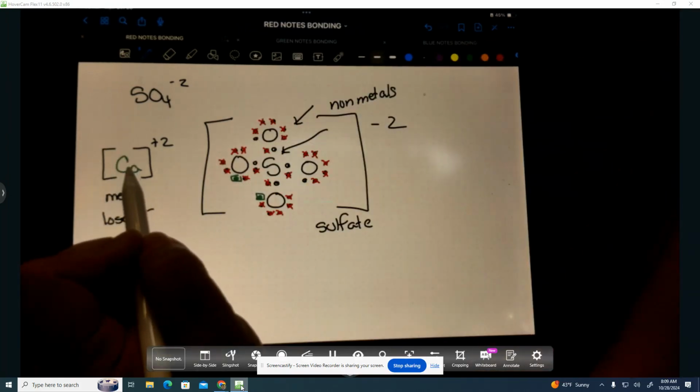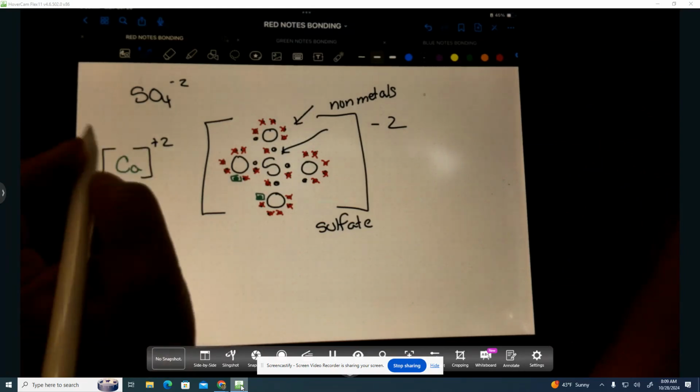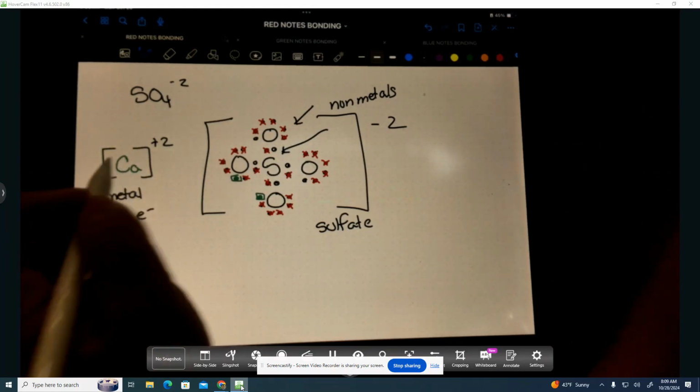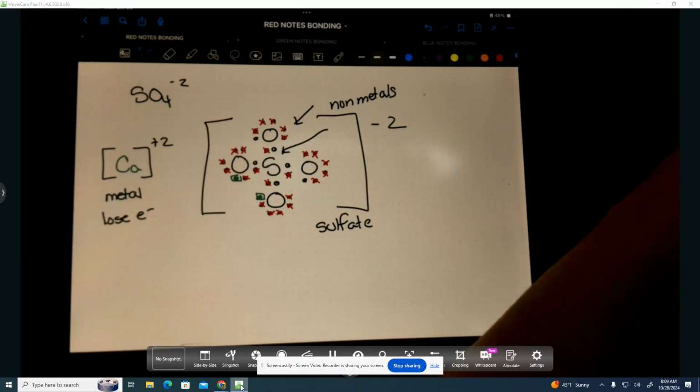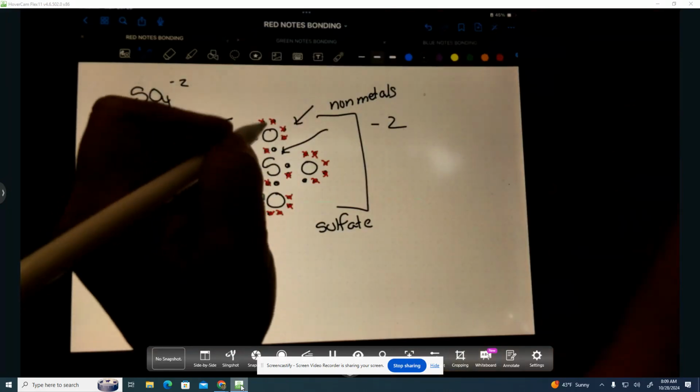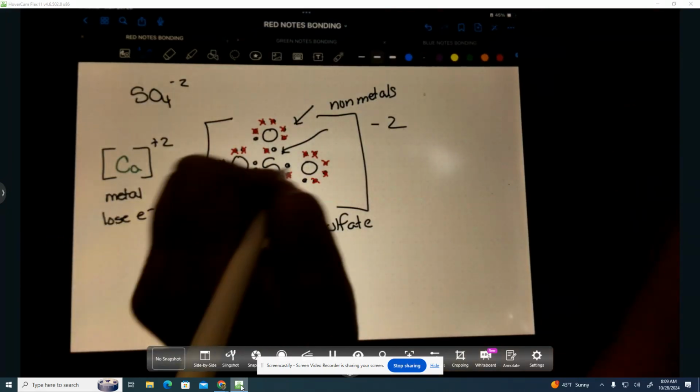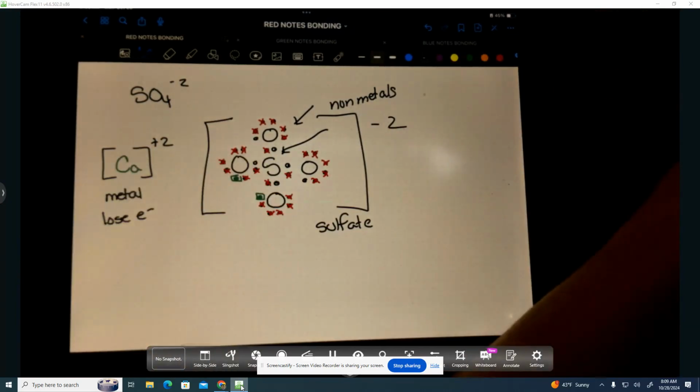Okay? The bond between the calcium, which is the metal, and the entire SO4 is ionic. The bond within the SO4 is covalent.